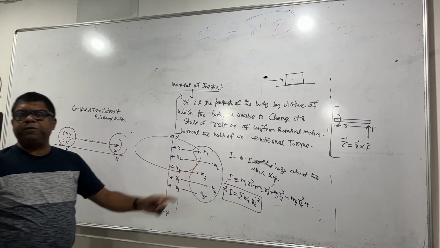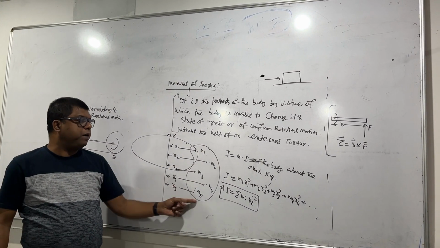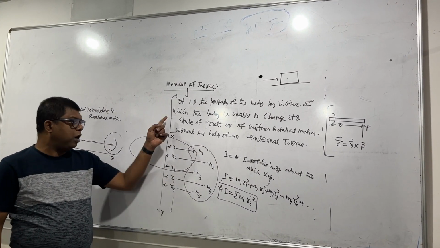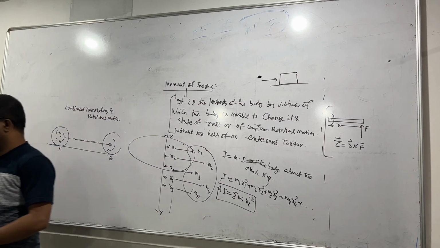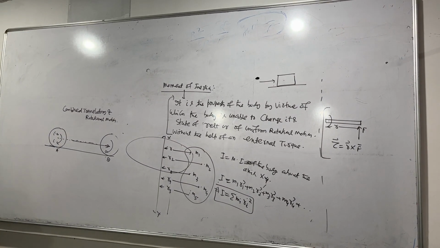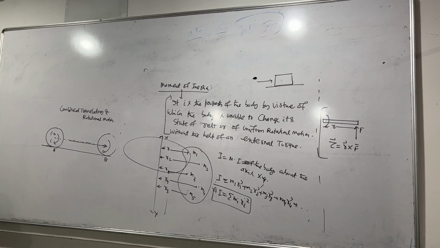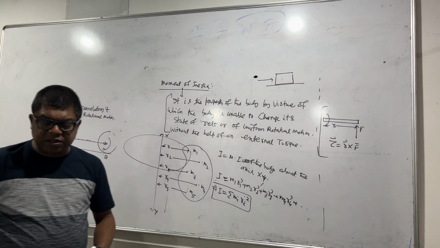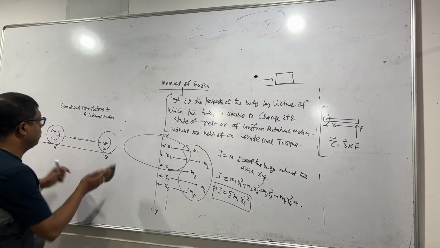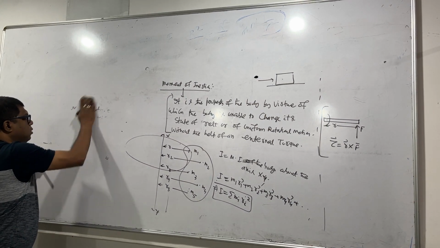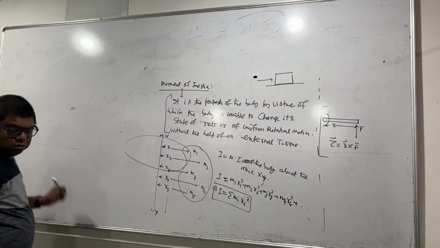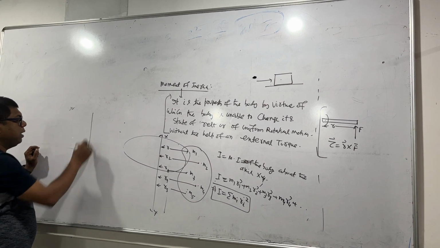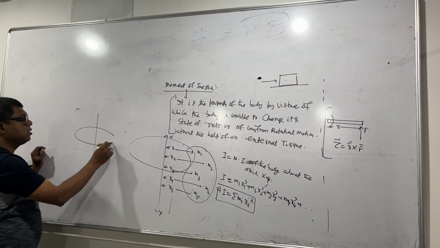So this is the moment of inertia of a number of particles of the rigid body about the axis of rotation. So moment of inertia is calculated about an axis of rotation. So for a single particle, one particle is rotating about this axis.